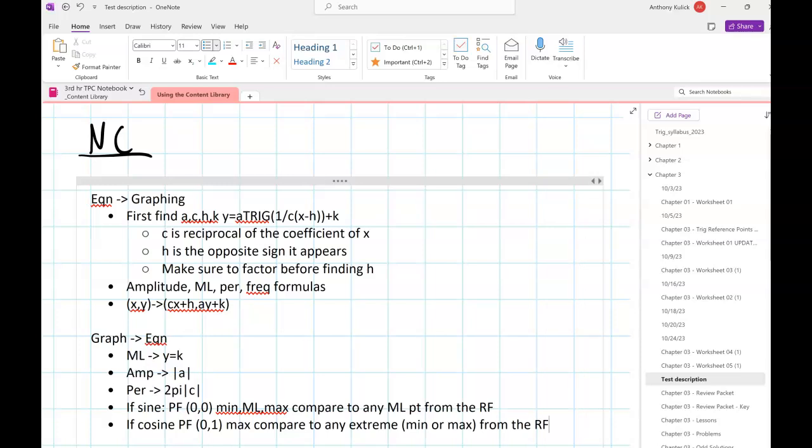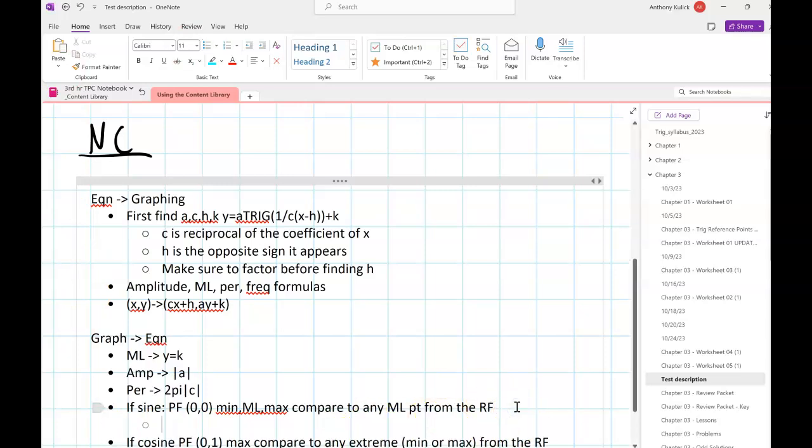And again, that's going to give me the a based on whether I'm going from min to max or just max to max. That tells me the sign for a. And the x-coordinate from the resultant is always just going to be the h, right? Maybe we put that as a separate note. Coordinate.